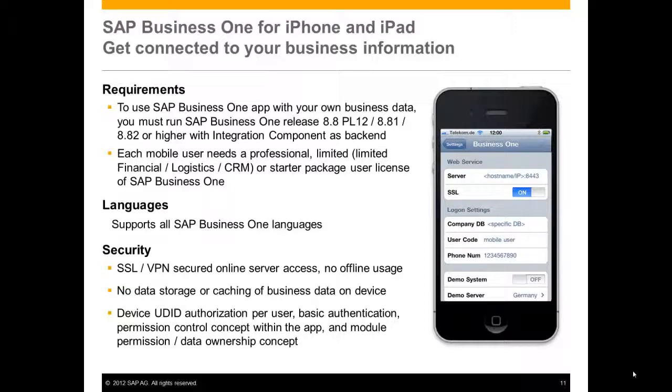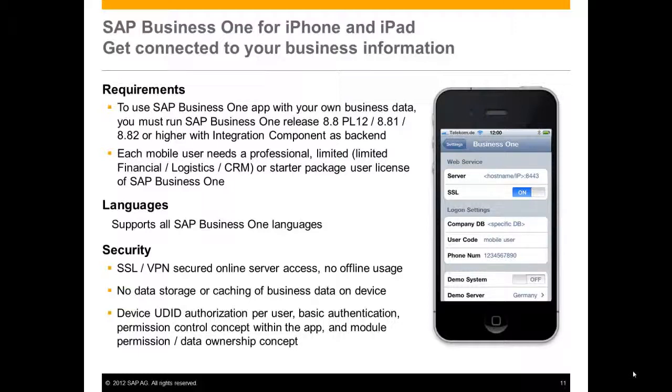All Business One languages are supported, and from a security perspective, we offer you the ability to secure the communication between your mobile device and your Business One backend via either SSL or using a virtual private network. Now, if the device gets lost or misplaced, there is no data storage or caching of business data on the device.